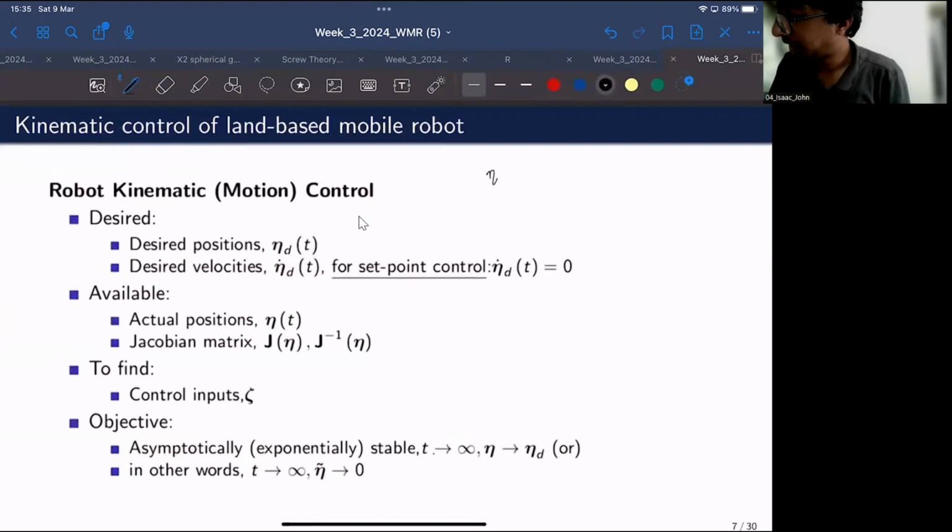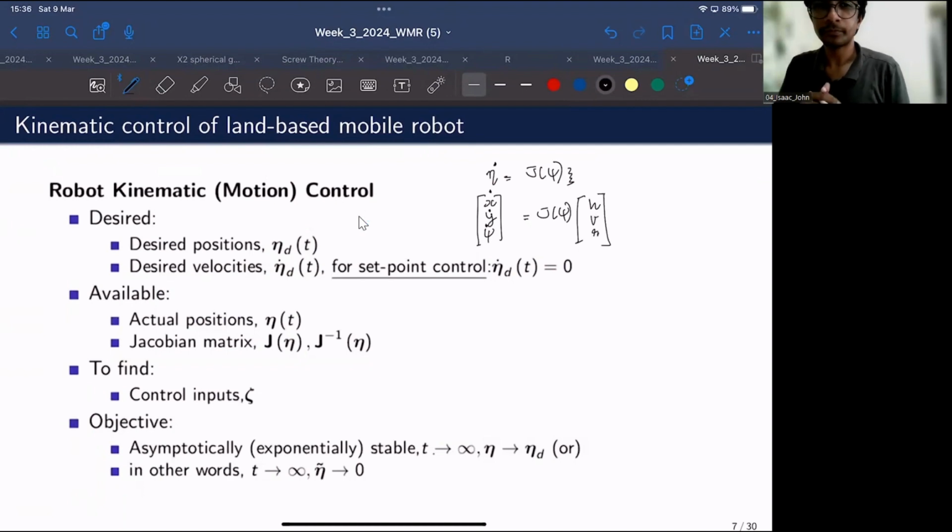So you know how the robot is modeled kinematically. You have eta dot is J of psi multiplied by zeta, where eta is x, y, and psi, so eta dot is x dot, y dot, and psi dot, and you have this Jacobian matrix, and zeta is nothing but u, v, r.